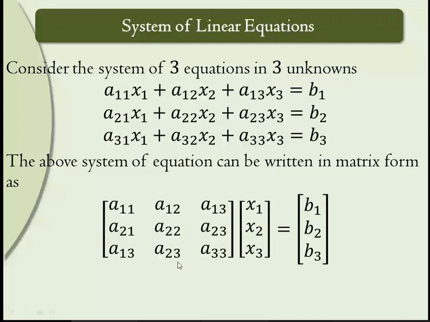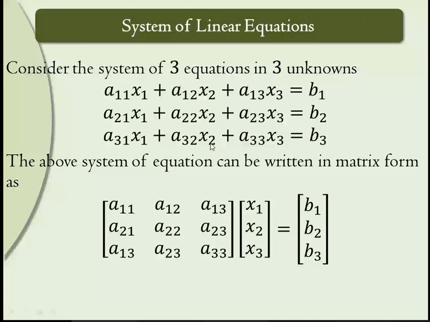Then take the second column as coefficients of x2 in the first, second and third equations, and the third column as the coefficients of x3. Take all unknown terms x1, x2, x3 in one column and equate with all the constant terms on the right hand side, that is b1, b2, b3. This is the matrix form of this system.